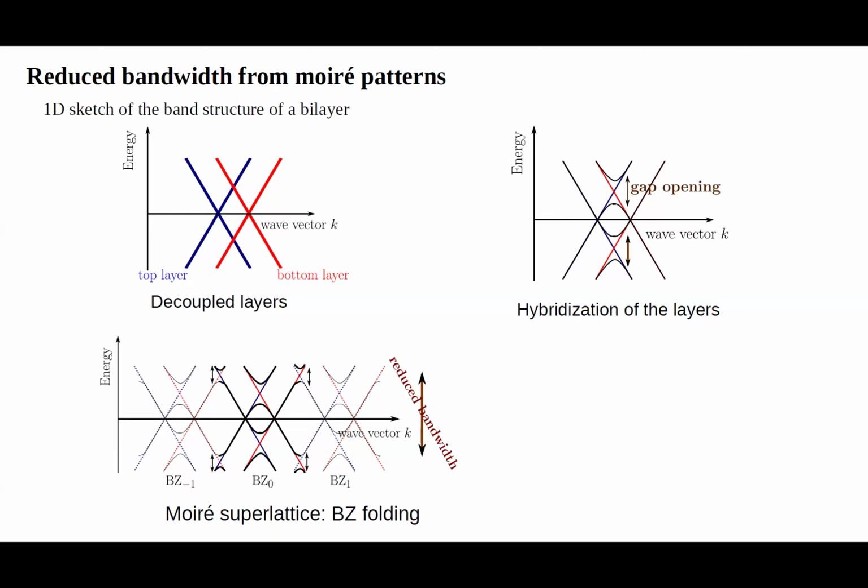And overall, if I'm focusing on the band that's around 0 energy, this band is going to have a much smaller bandwidth than the original bandwidth that we started from in the single layer material. Right. So this is one very good motivation to include a moire in two-dimensional systems.